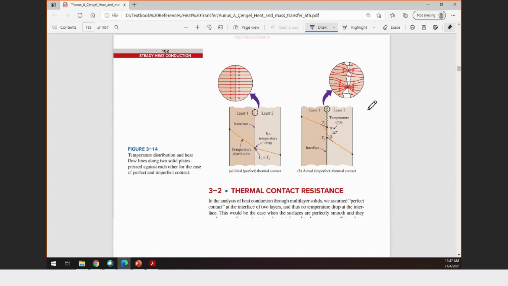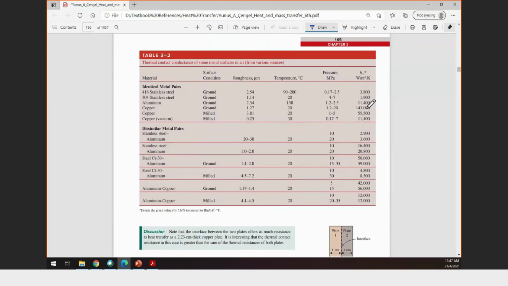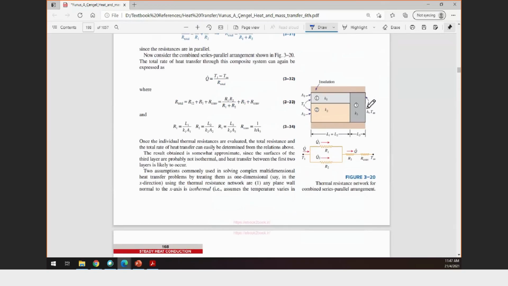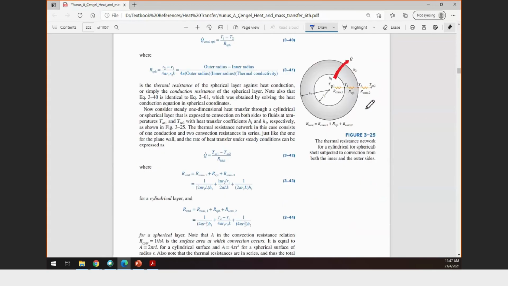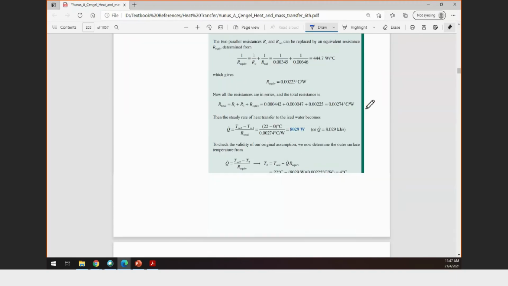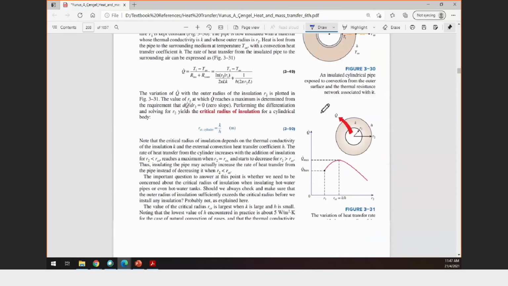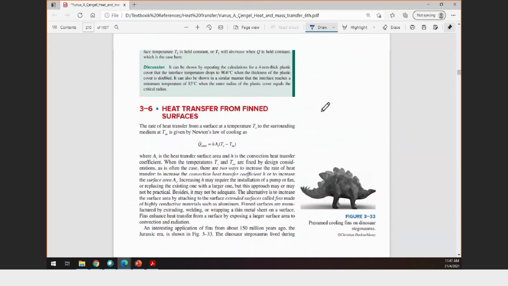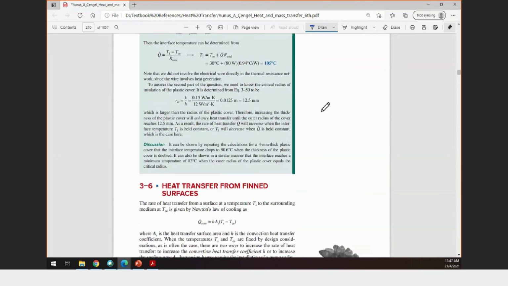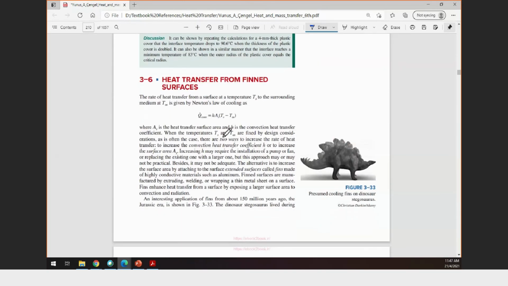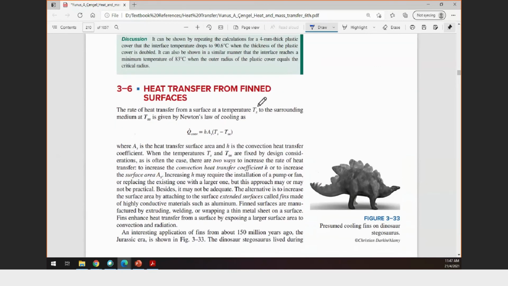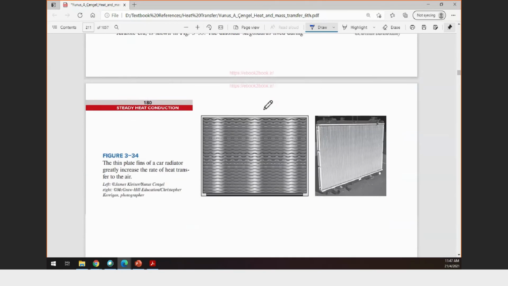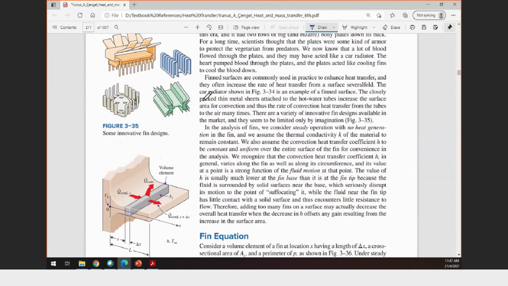So the chapter on fin starts from page 179. So you may read this text about the heat transfer from fin. So you can see the description.